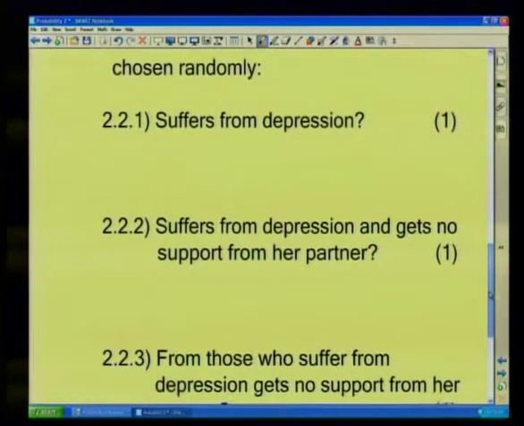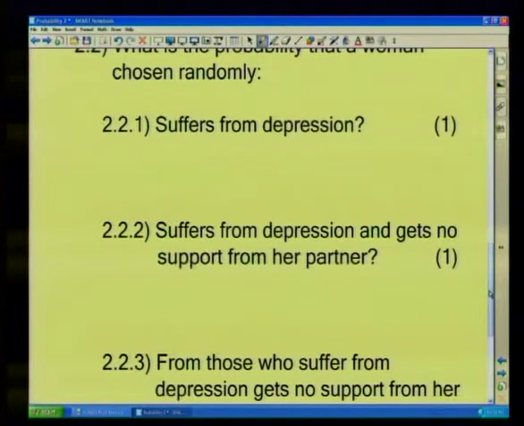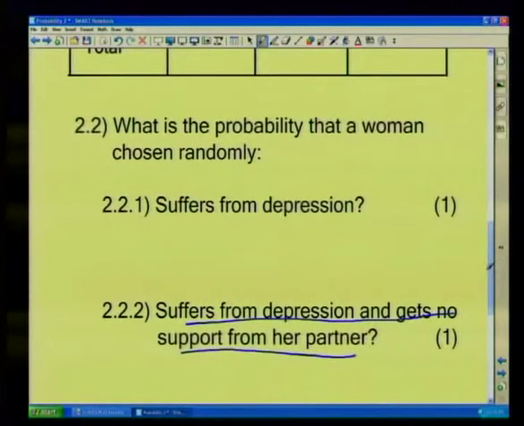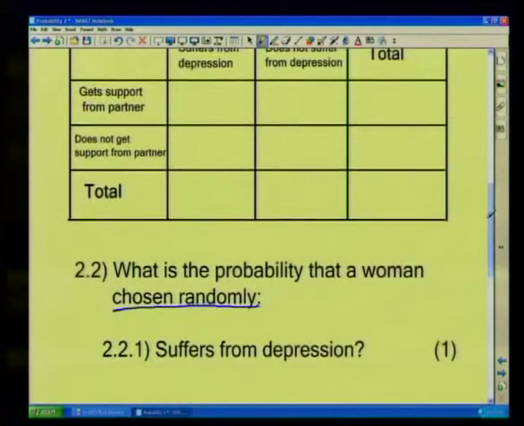And again, you need to look carefully and see what is the language that is used, where are you actually looking for this information. So, suffers from depression and gets no support from her partner. We're talking about the whole group here. For all of these questions, they're taking a person chosen at random. So you would always be using this denominator over here.